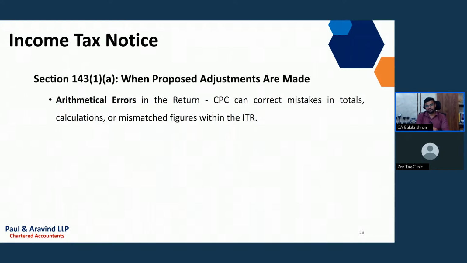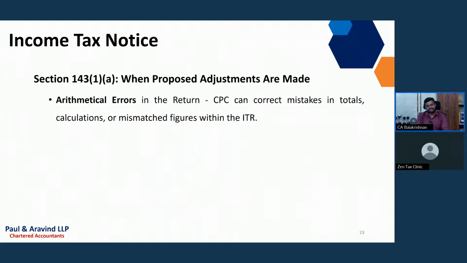So any misreporting may lead to a proposed adjustment notice. Especially if something in the tax audit report is not reported in the income tax return, the income tax department will definitely issue a proposed adjustment notice. So we will now see when proposed adjustment notices are made.